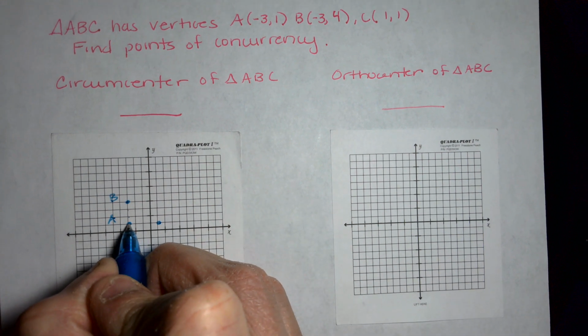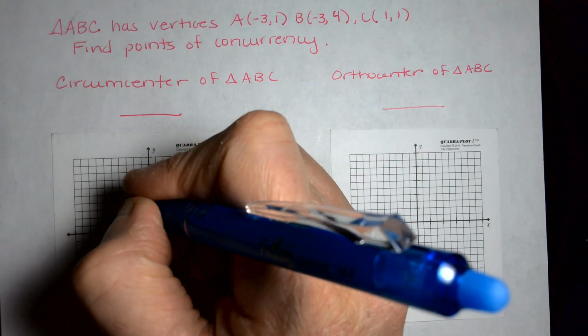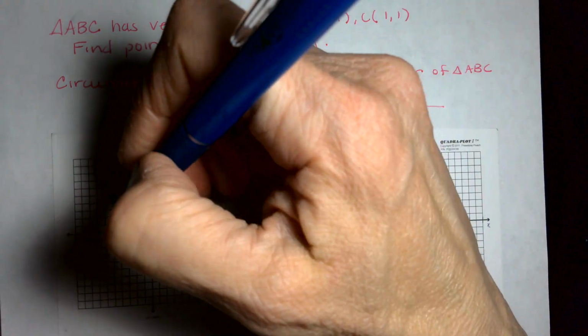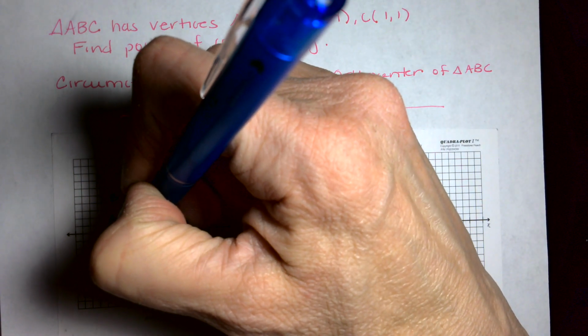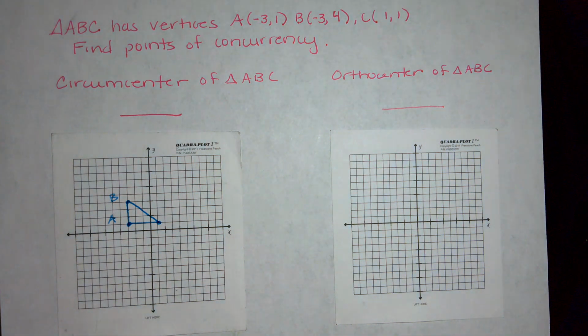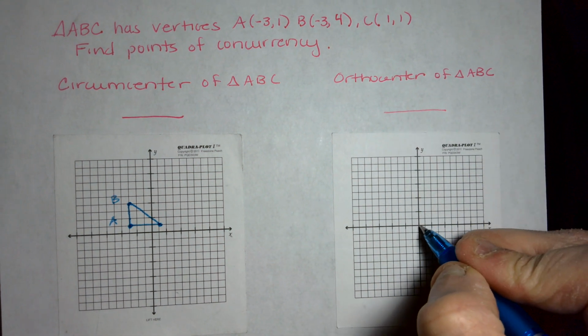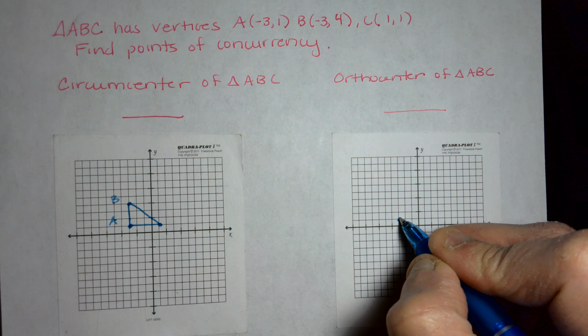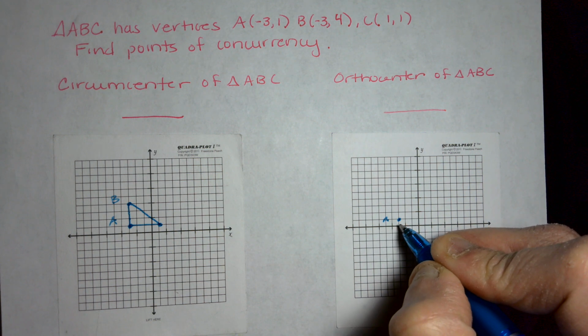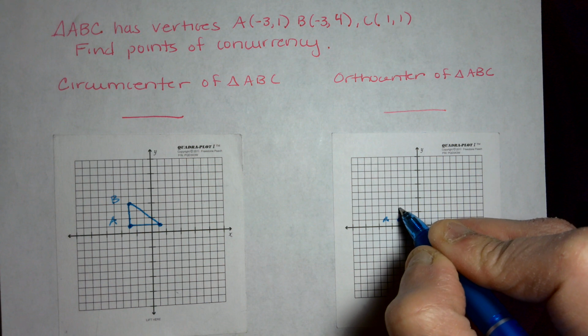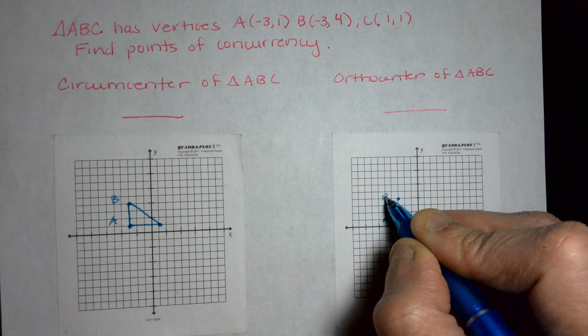Try to draw them really straight or use a straight edge, because if you're drawing the other lines, that's going to be helpful. Negative 3, 1, that's A. 1, 2, 3, 4, it's B.